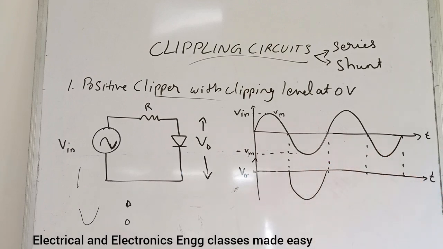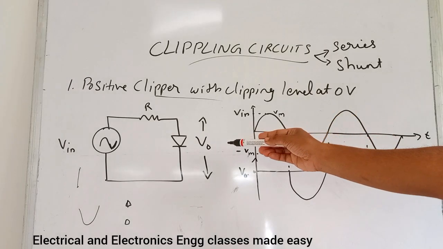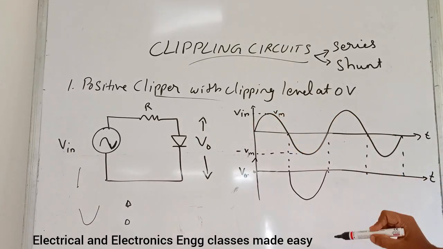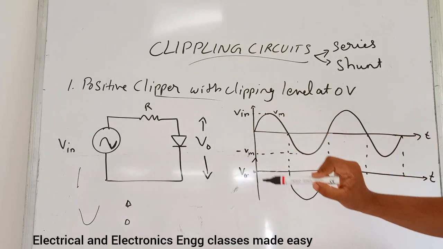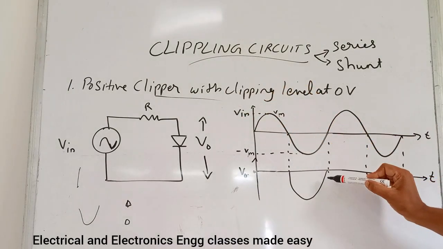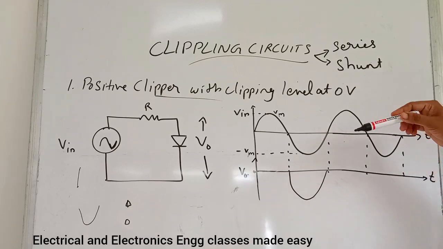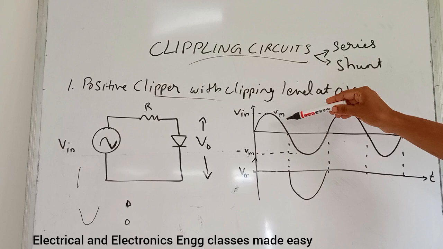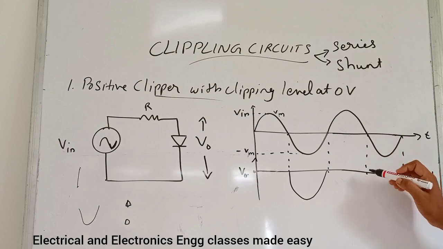So during the negative half cycle, the diode will not conduct. So the output across that diode will be the V in. That is, we will get the output like this. That is all the positive half cycles. Again, in the next positive half cycle, the diode conducts.